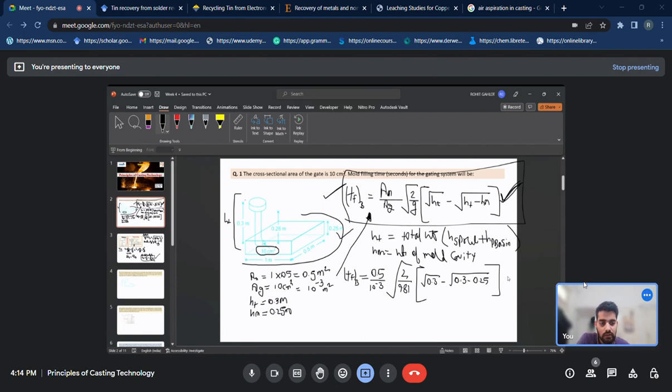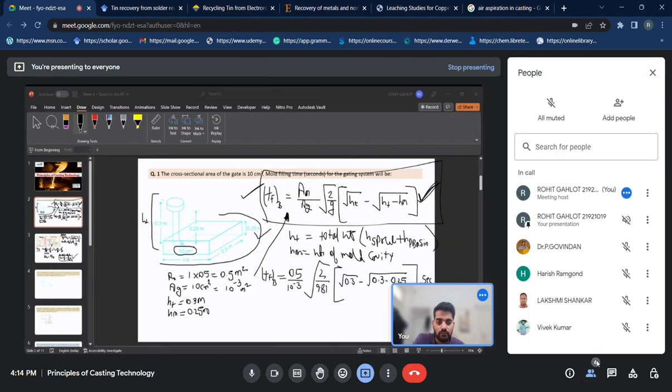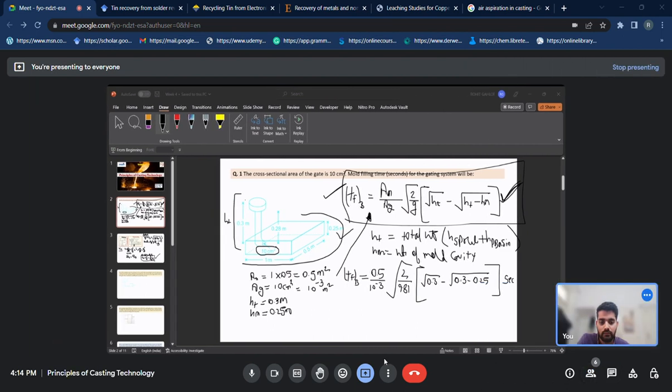This will come in seconds. When you solve, it will come to around 73.17 seconds. Anyone who got this answer, or has any doubts, if it is clear, we can move to the next problem.